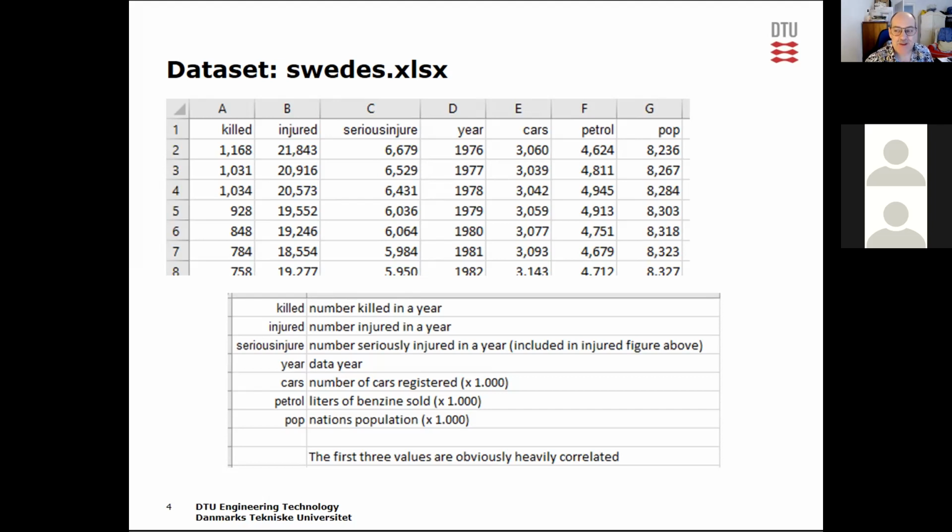Right. So this is a data set that goes over about 30 years. The problem is the car gets more gas efficient, so it's not really a data point you can use directly, because a car in '76 will drive fewer kilometers per liter, where a car now will drive a lot longer. So there's an interesting factor there.